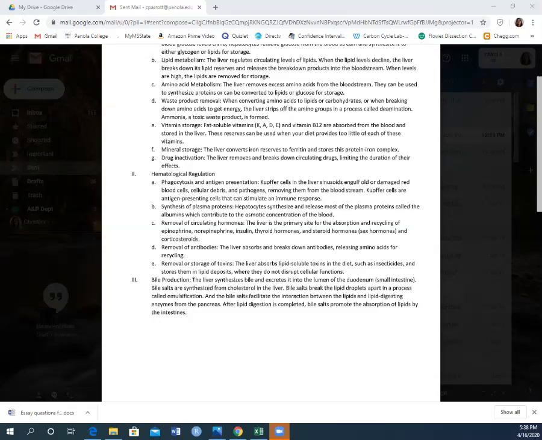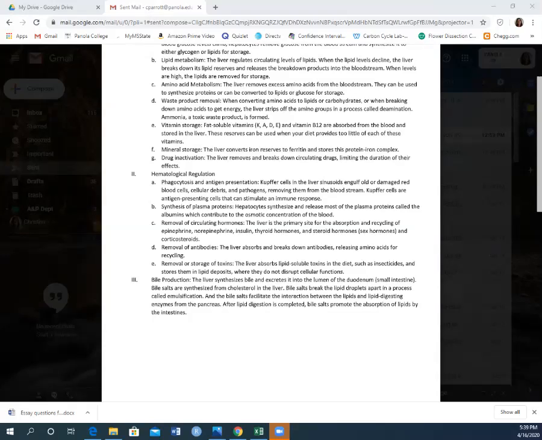And if you'll think back up to where we were talking about mineral storage, once that red blood cell is destroyed in the liver, then you have that free iron floating around. And the liver is going to convert that iron to ferritin and will store it for future use so that you aren't getting rid of that iron.